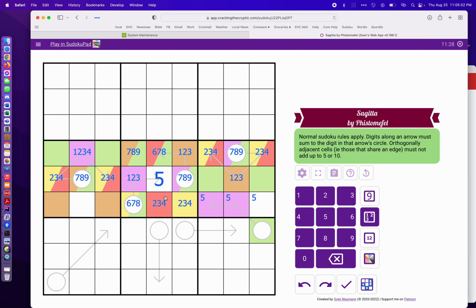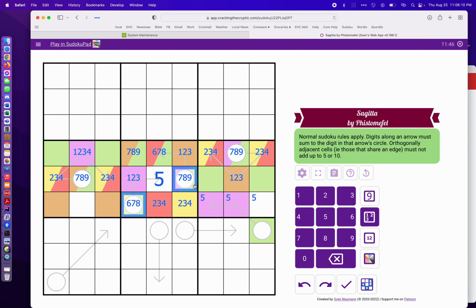Okay, here's something to note. These two, just by definition, high purple and purple add up to 10. So this row is 15. But these two are the same as this.